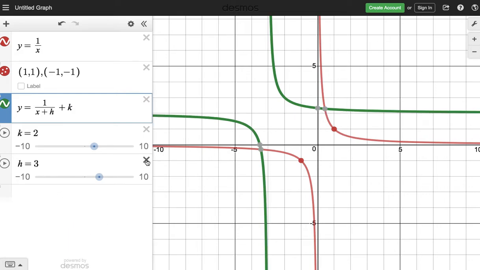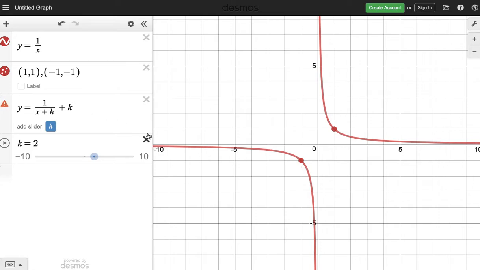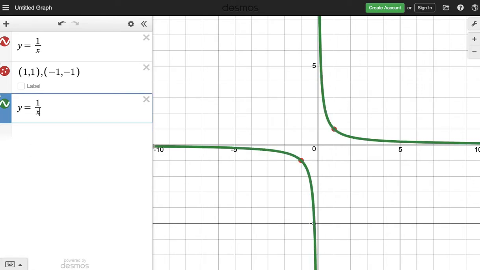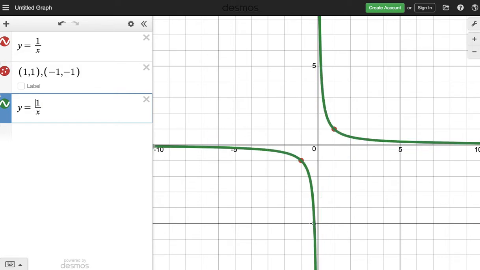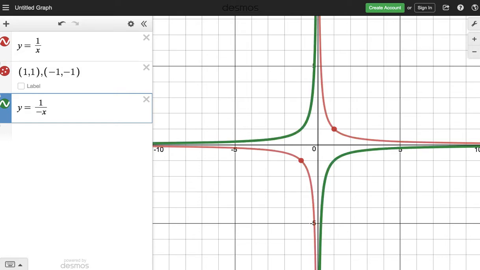Okay. Now let's talk about reflections. Ask yourself, in what way do you think you can reflect this graph? Some of you might think you can put the negative out in front, right? Well, that's true. You can also put the negative down below. So with rational functions, a horizontal reflection going left to right is the same thing as a vertical reflection going top to bottom.